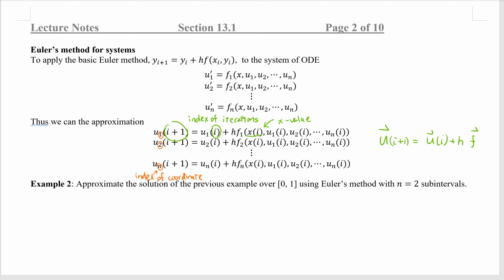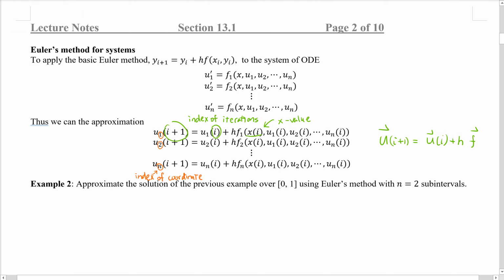So here we're talking about vector-valued functions. So let's look at the example. Example 2: approximate the solution of the previous example over [0, 1] using Euler's method with n equals 2 subintervals.